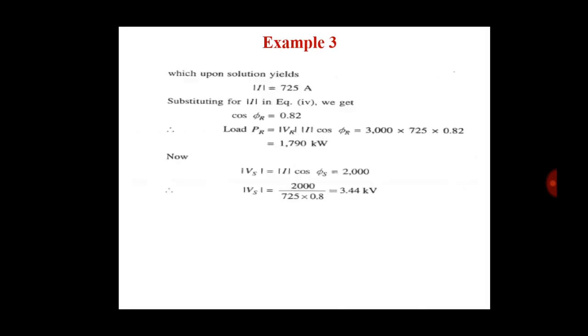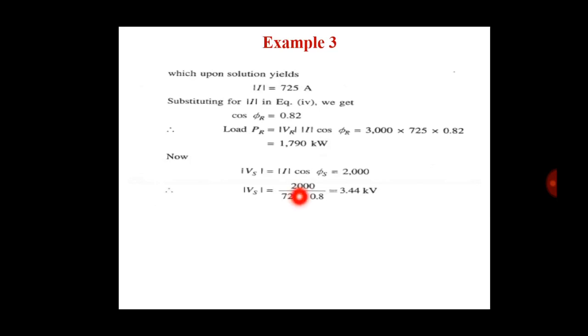So the solution is I is equal to 725 ampere. Now substituting for I in equation 4, we get cos phi r is equal to 0.82, and load power PR is equal to VR I cos phi r. That means VR is 3000, I is 725 and cos phi r is 0.82, which is equal to 1790 kilowatt.